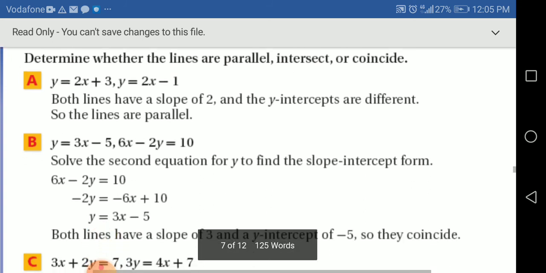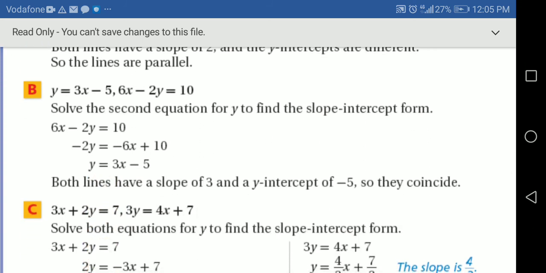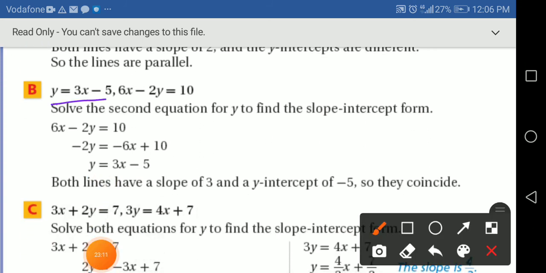Easy. If I have two lines like that, y equal 3x minus 5, and on the other line, it's not in the order of the rule, so I want to rearrange or reorder it according to our rule. We know that y equal mx plus b.